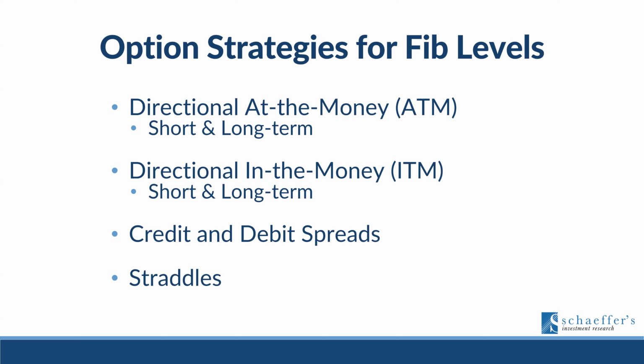I don't mind selling premium, but it's really tough for me to do the neutral. There are ways to turn it into a bullish trade, but for me it's directional at the money, short and long term, and also directional in the money, short and long term. And then credit and debit spreads you can use at the levels as well.